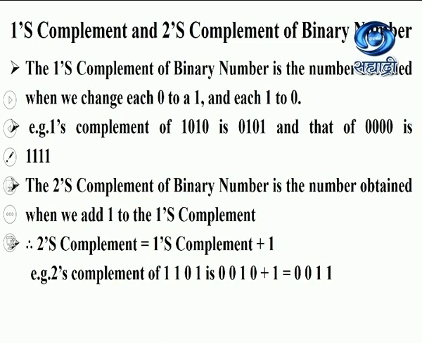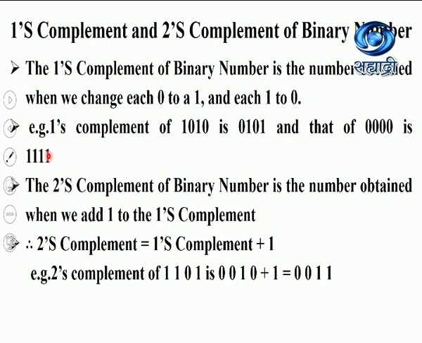Okay, the new topic: ones complement and twos complement of a binary number. The ones complement of a binary number is the number obtained when we change each 0 to a 1 and each 1 to a 0. For example, the ones complement of 1010 is 0101 and that of 0000 is 1111.